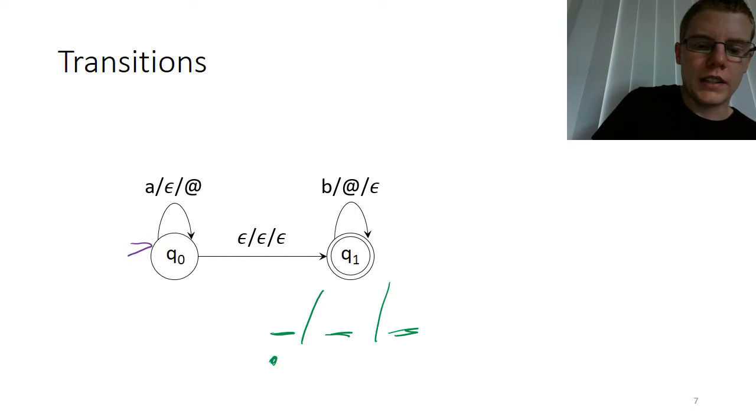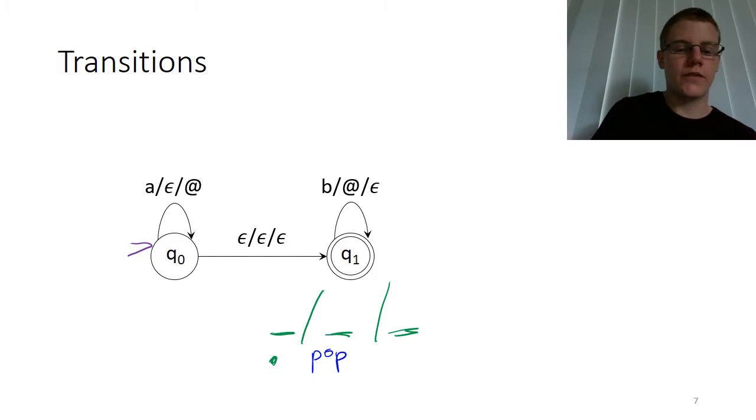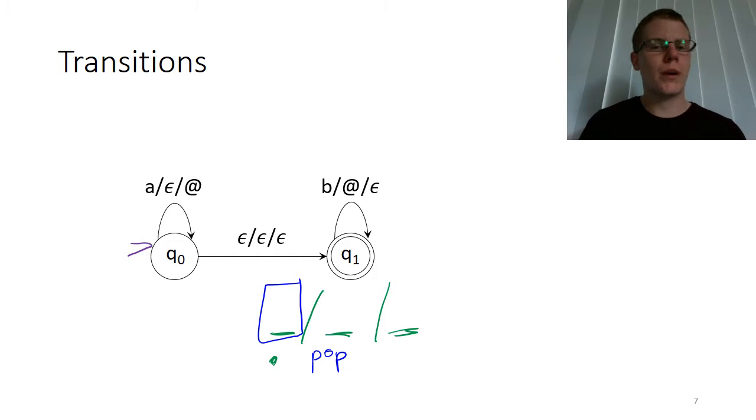The second part indicates what we pop off of the stack, and it may be 0 or many symbols. Before, in this first part, we can only have one symbol. In the bit where we pop and push onto the stack, we will actually allow multiple symbols, because otherwise the size of our pushdown automata gets incredibly large.